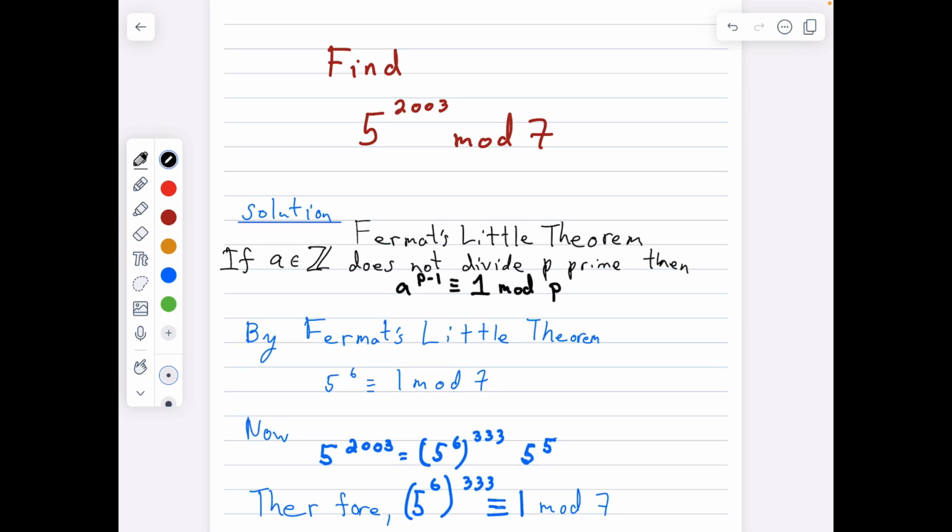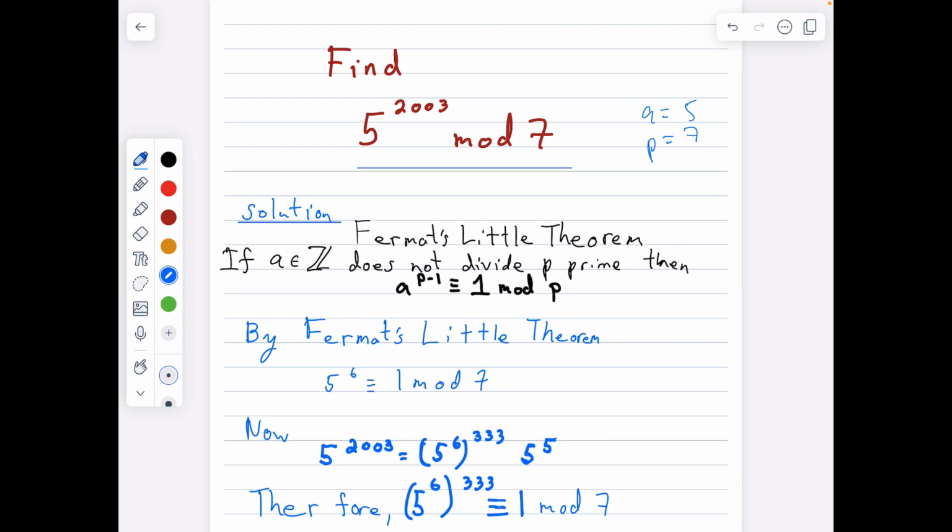So let's apply the theorem pretty much right away. Now, if I was to try to use the theorem on what I have, the 5 to the 2003 mod 7, I could work with a, which is 5, and p, which is 7, and certainly 5 does not divide 7 here.